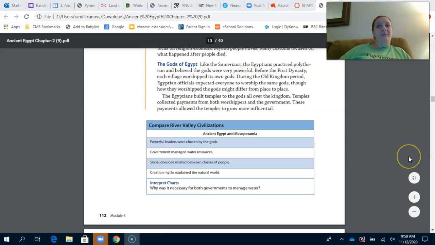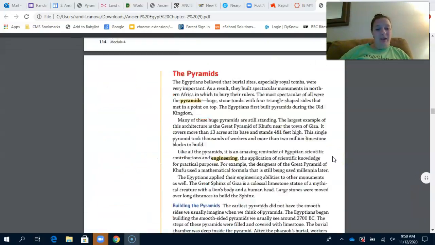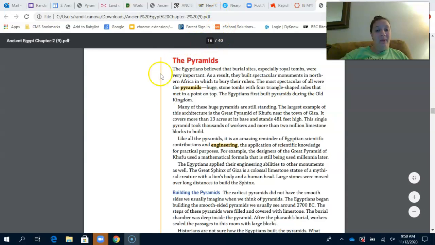Now, probably one of the most interesting portions of ancient Egypt is the arts and the architecture. And their arts and architecture are tied to all of their other factors of civilization. So when we think of Egypt, my loves, we often think about the pyramids. And the pyramids are so, so important because they do connect to our complex religion.